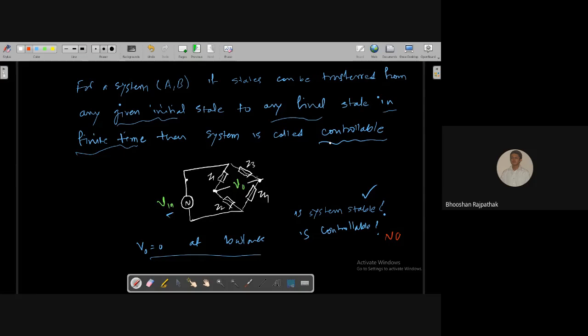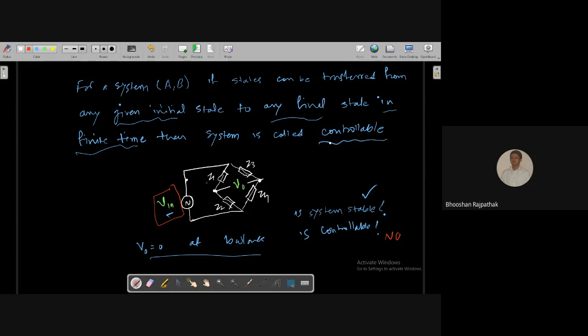It will not change. So whatever input you apply at balance, nothing is going to change at this point. It will always be zero. So no matter what input you apply, this will always be zero. So you don't have any control over this at balance.